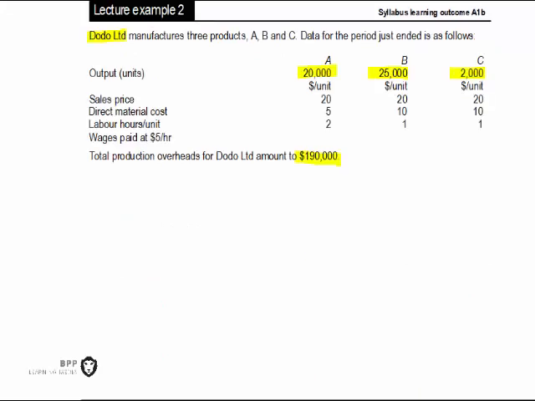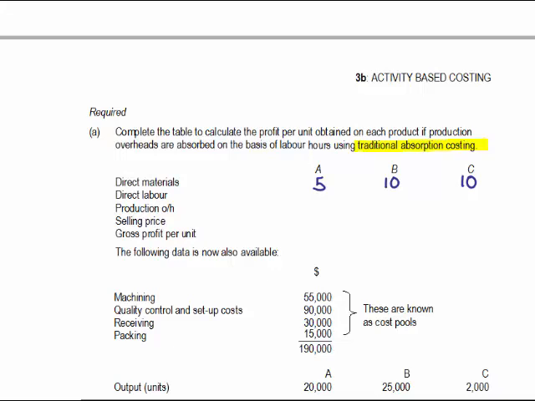Now, in the data we've been given the labour hours per unit, and we're told that it's $5 an hour. So all we need to do is multiply these by 5 to get our costs. Therefore we've got 10 for A and the other two are 5. So the prime cost of all three of those products is actually 15.